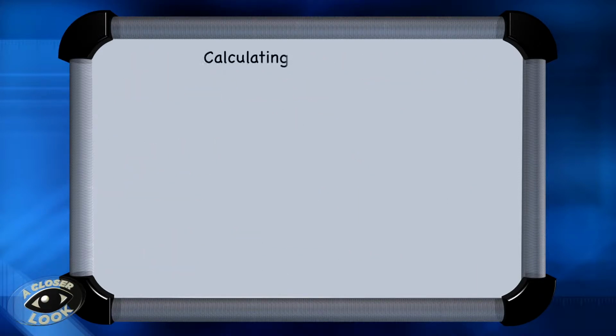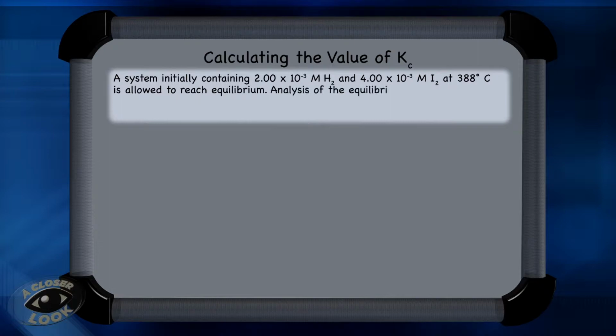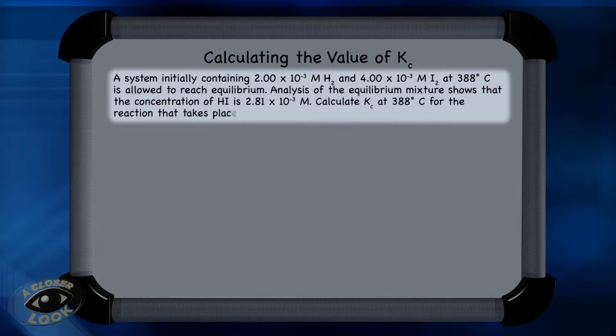Here's another problem that asks us to calculate the value of K sub C, the equilibrium constant. A system initially containing 2.00 times 10 to the negative third molar hydrogen and 4.00 times 10 to the negative third molar iodine at 388 degrees Celsius is allowed to reach equilibrium.